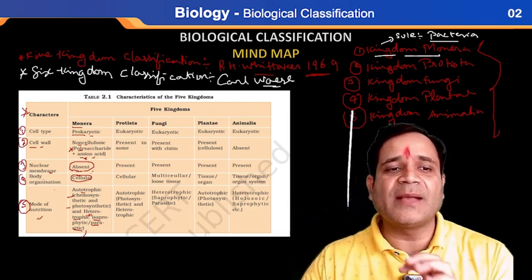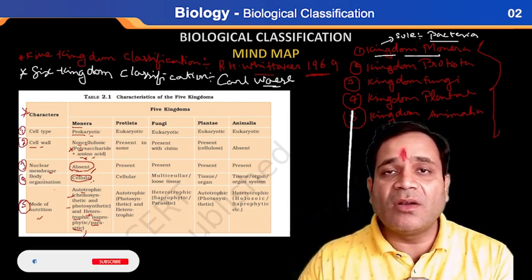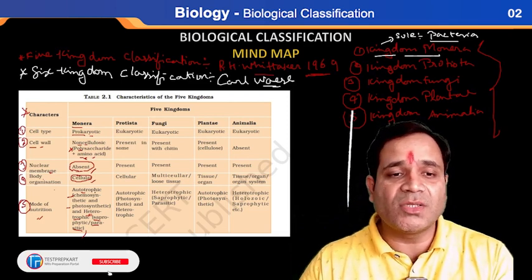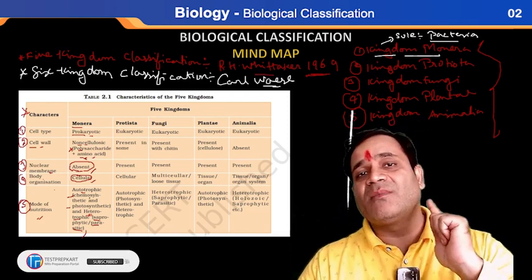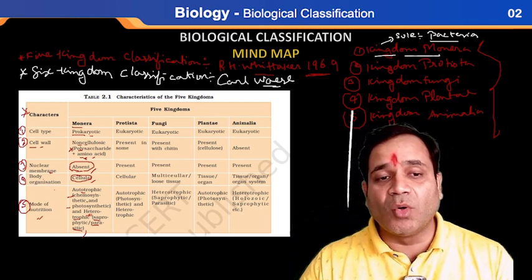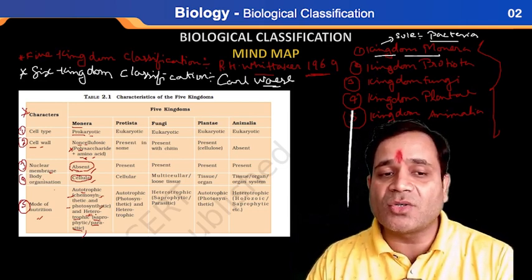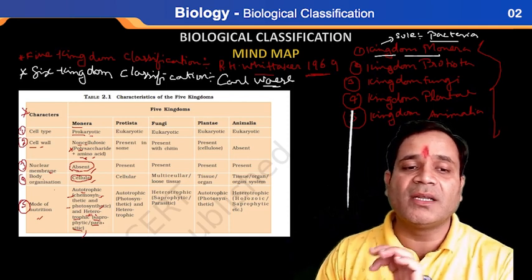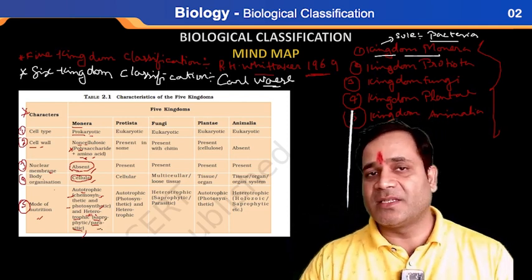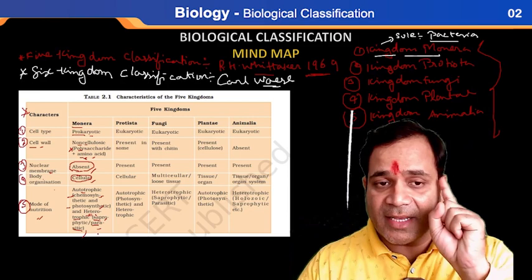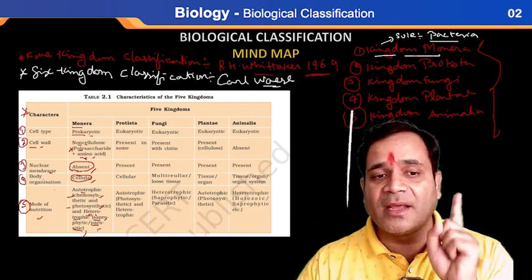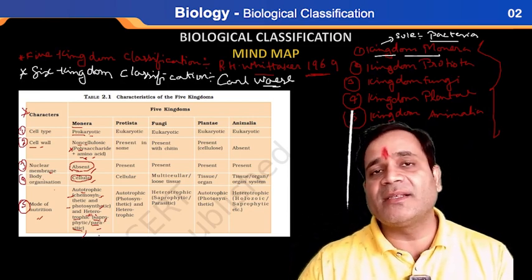Nuclear membrane is absent. Body organization is cellular. Mode of nutrition is autotrophic. Autotrophic means they have both chemosynthetic and photosynthetic. And whenever I'm saying heterotrophic, they have saprophytic as well as parasitic, not holozoic here. Yes, keep in mind, not holozoic here. Only saprophytic and parasitic.